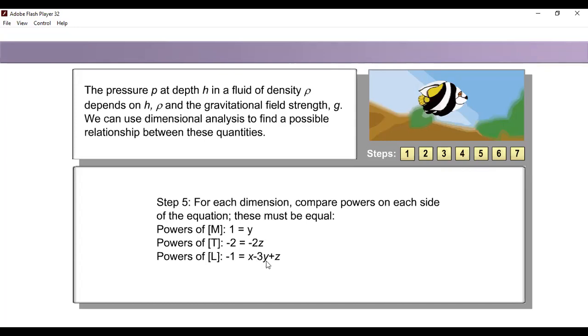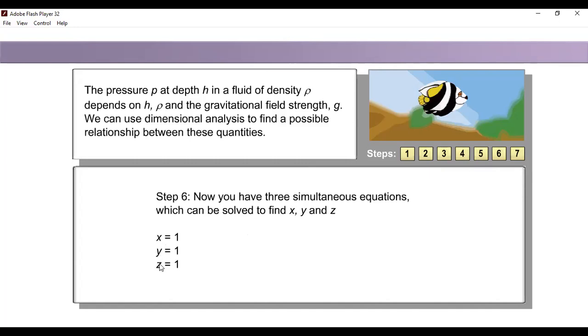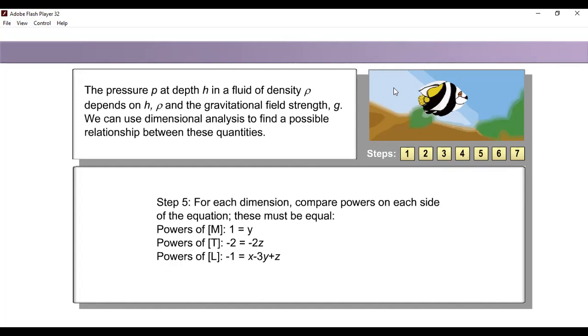From here we can solve everything, and we get x equal to 1, y equal to 1, z also equal to 1. Back to the step just now, we noticed that y is equal to 1, and from negative 2 equal to negative 2z, z is equal to 1 as well.